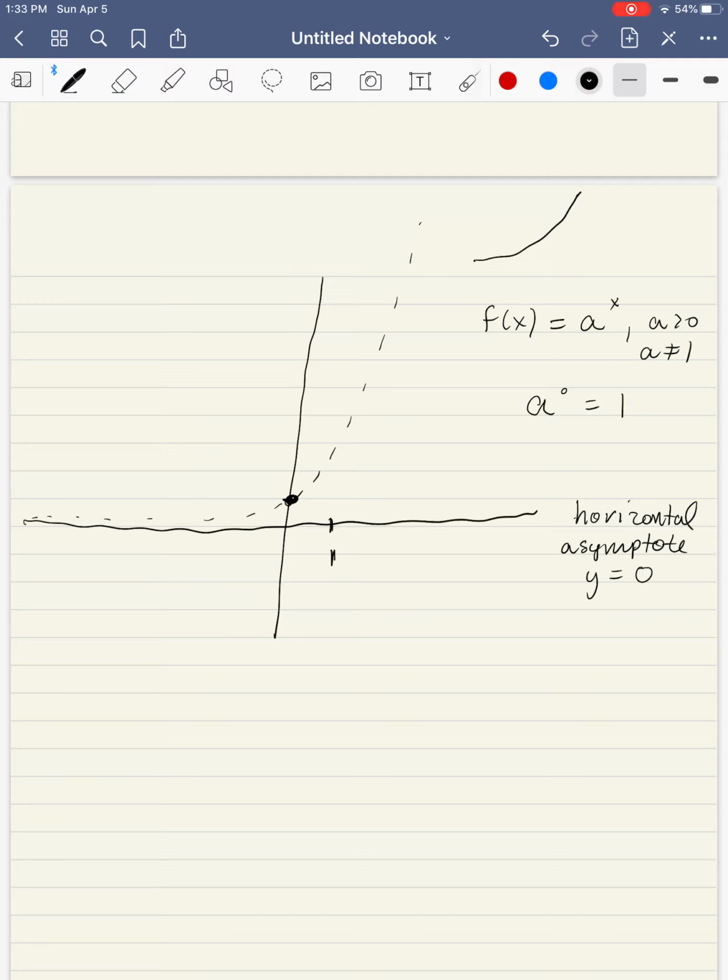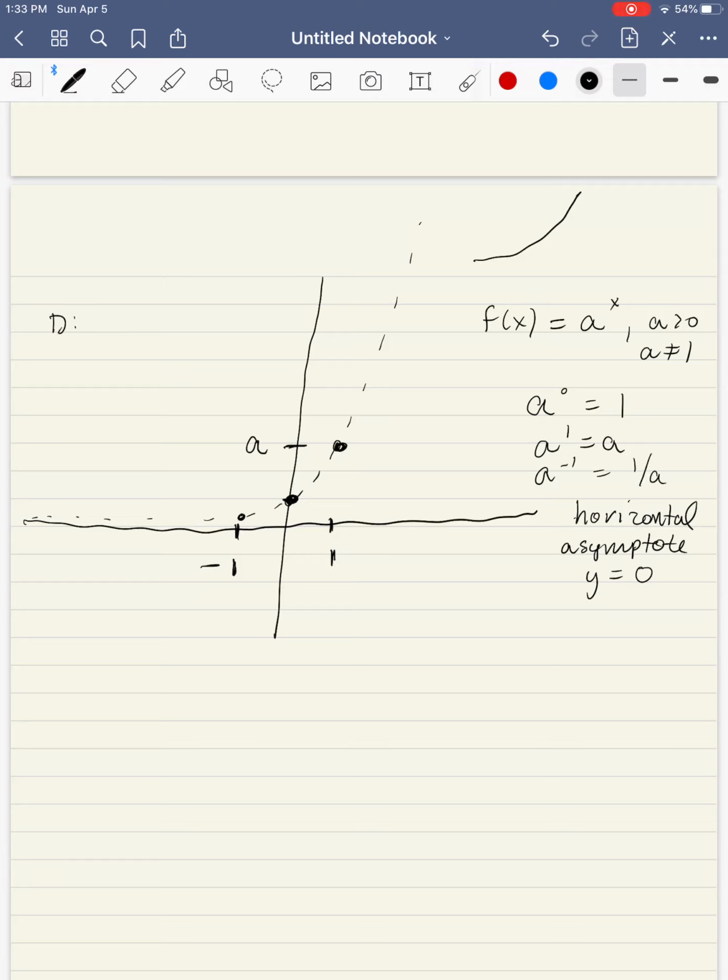And if I go out here to x equals 1, we're at a, because a to the first power is equal to a. And if I come back in this direction, we're at 1 over a, because a to the negative 1 is 1 over a.